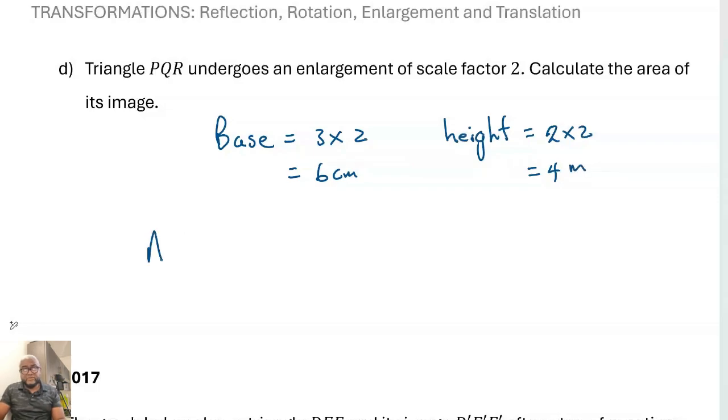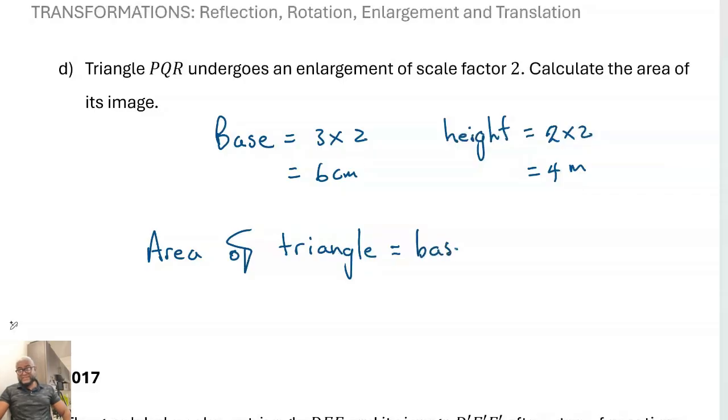And we're going to work here now. Area. They ask us the area of a triangle. Let me see who remembers the formula for the area of a triangle. Base multiplied by height, all over 2.